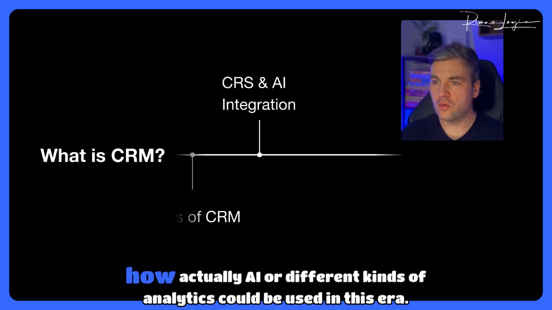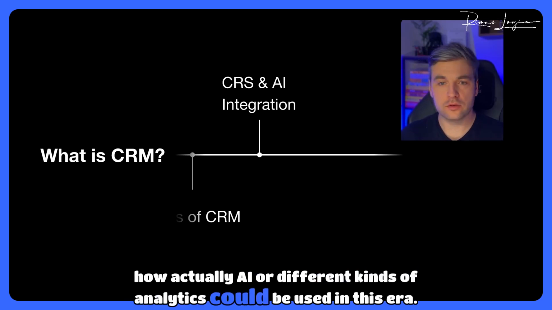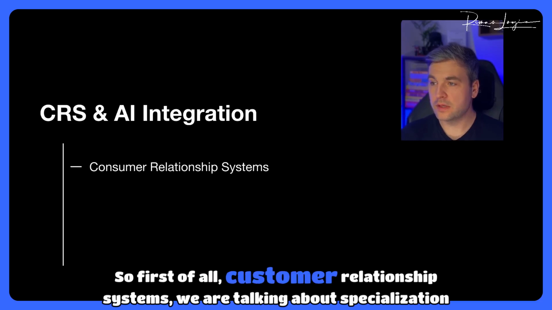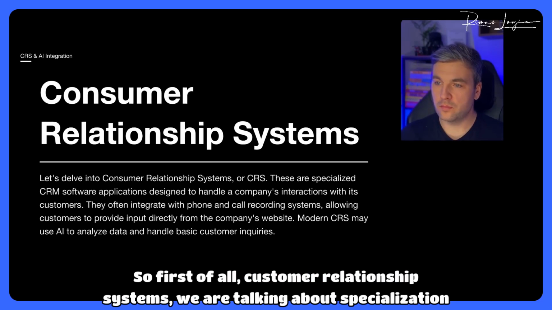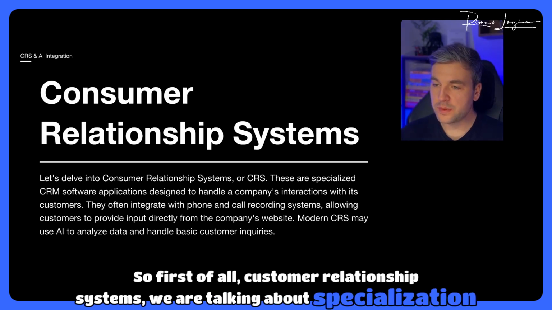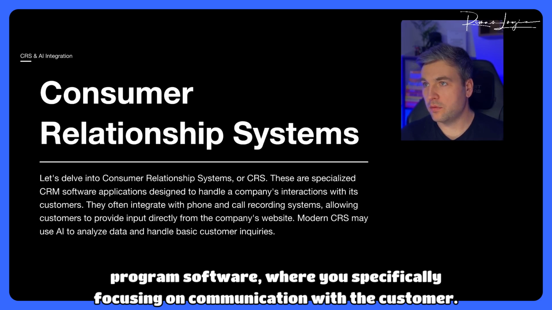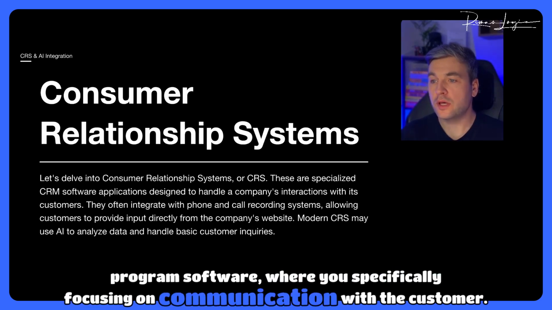But how could AI or different kinds of analytics actually be used in CRM? So first of all, customer relationship systems: we are talking about specialized software where you're specifically focusing on communication with the customer.